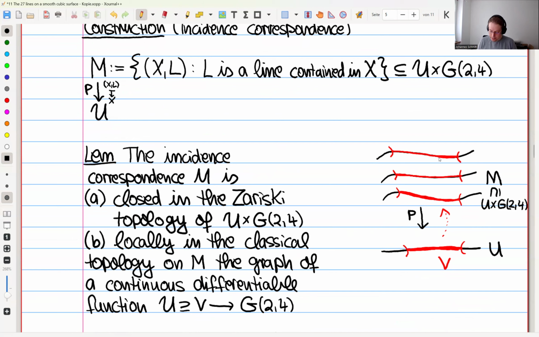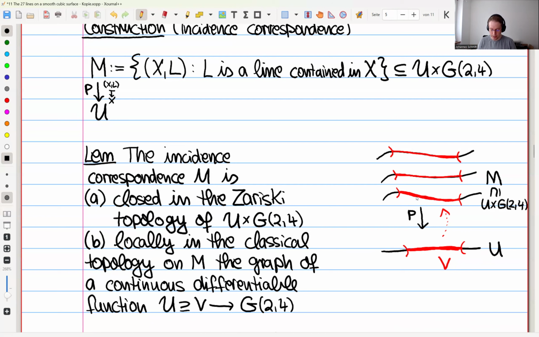And secondly, the picture that we should have in mind is basically a picture like this. Somehow locally, if you are at some point, let's say even on U cross G(2,4), or maybe a point in M, like here, then locally in the classical topology, like in the complex topology, M is the graph of a continuous and differentiable function from U to G(2,4).